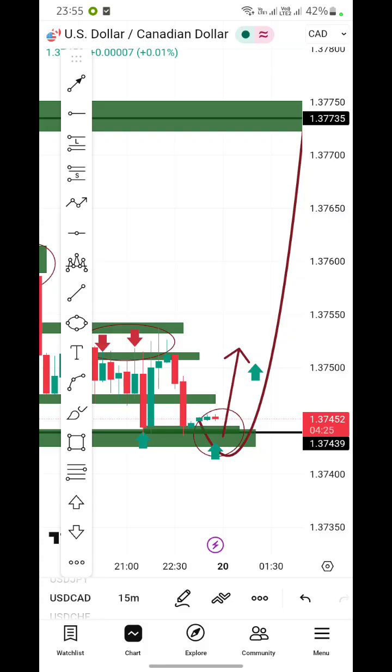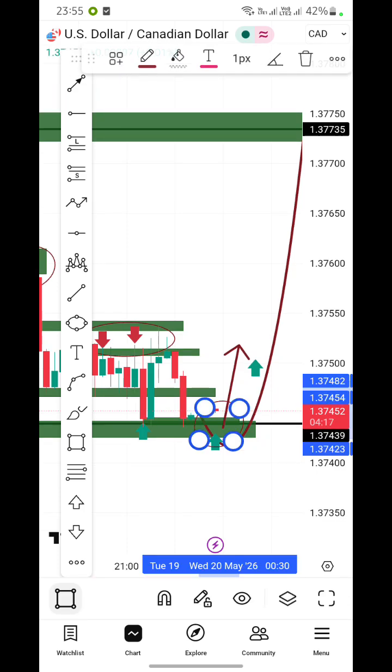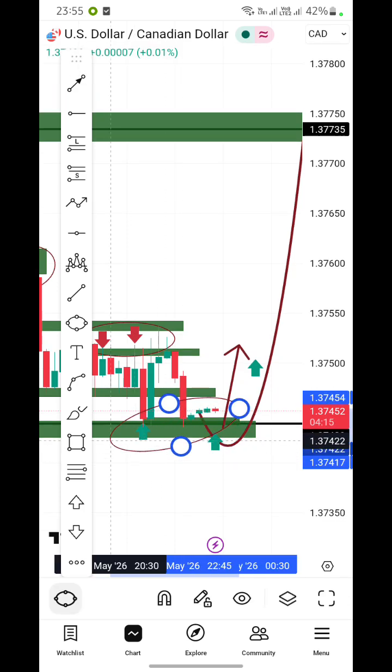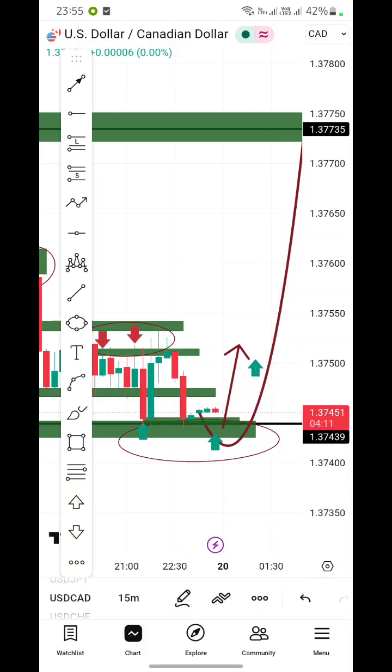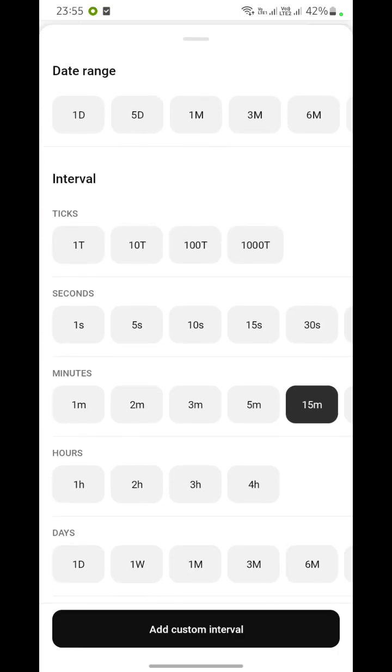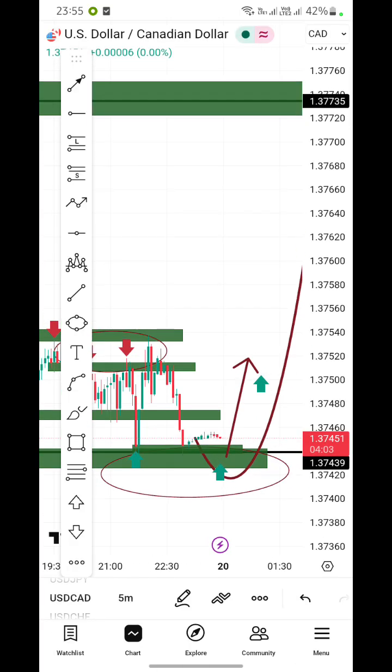It's like 2:12, so the market is not going to move. USD CAD is not going to move because it's going to move once it's in session. So you want the session to be active, but you can tell rejection, and then we're going to wait for rejection as well. Wait to see what's going to happen. Once we get our rejection, we are gone.